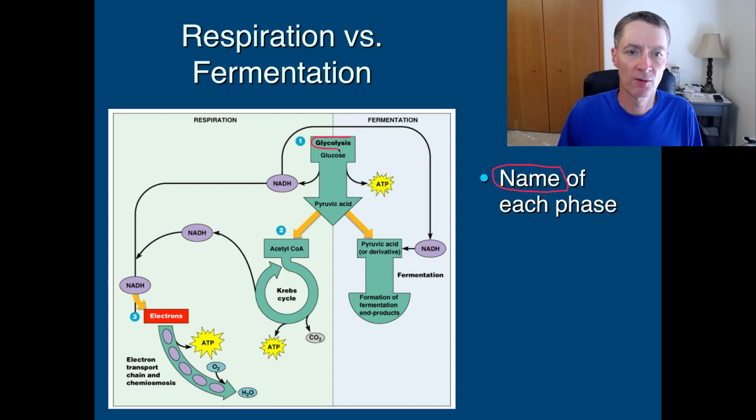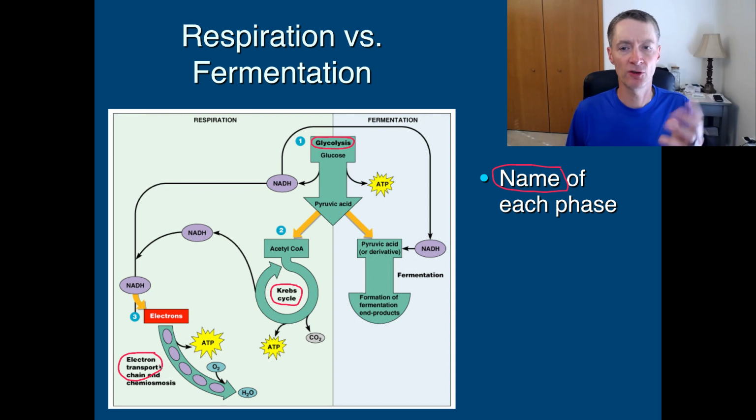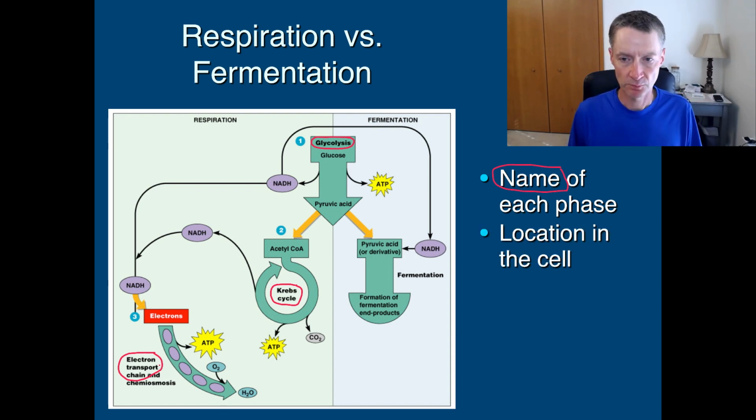Glycolysis is where we get started breaking down glucose. Krebs cycle is the middle of the process where we're breaking down glucose. And the electron transport chain, or sometimes they say electron transport system, is the third phase. So 3 phases, you need to know the name of each of them.